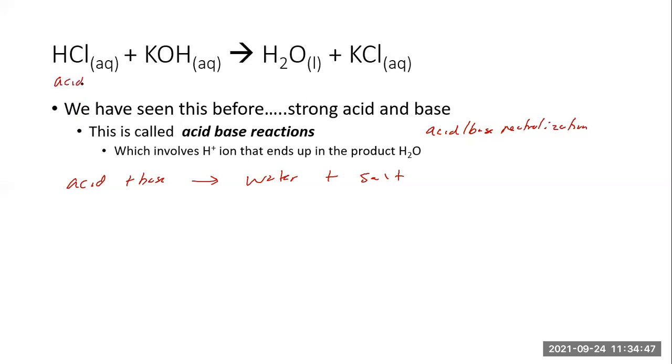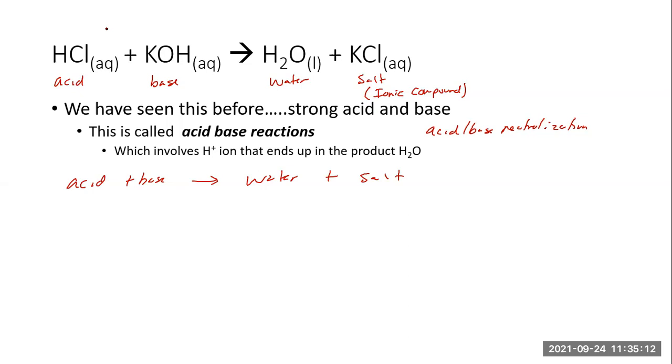This is hydrochloric acid. This is potassium hydroxide, which is a base. And here is our water that was formed and our salt that was formed. Salt is a fancy word, I'm not sure how fancy it is, but it is a fancy word for an ionic compound. So this is an acid-base reaction, which is a more specific classification of this type of reaction.